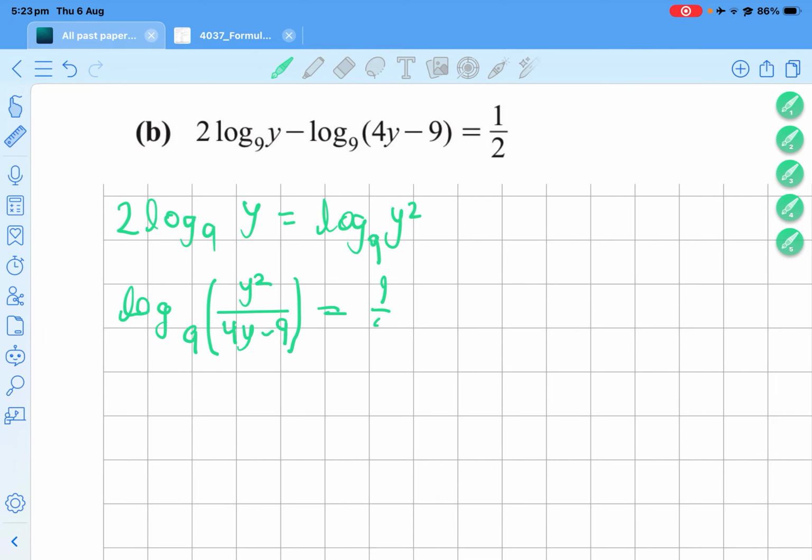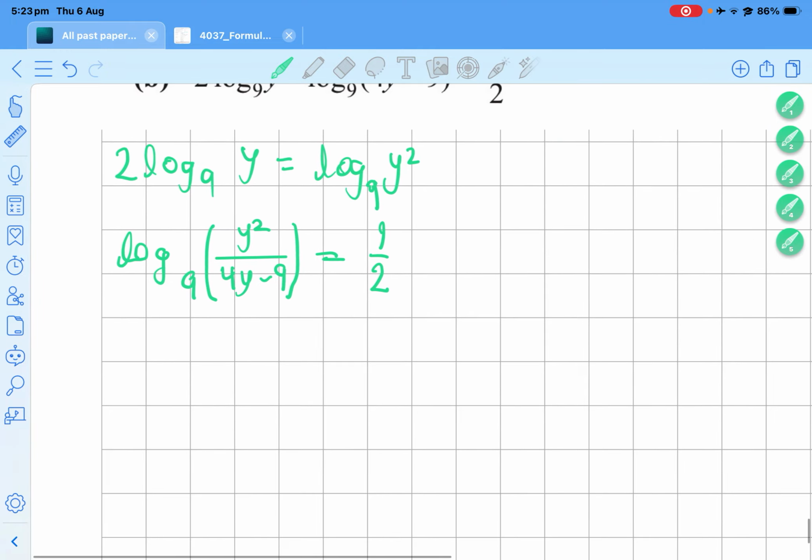So this is half. Now you should remember that if log base a of b is equal to c, then b will always be equal to a raised to c. Using this rule, y squared over 4y minus 27 must be equal to 9 raised to half. 9 raised to half is just 3, which is the square root of 9.